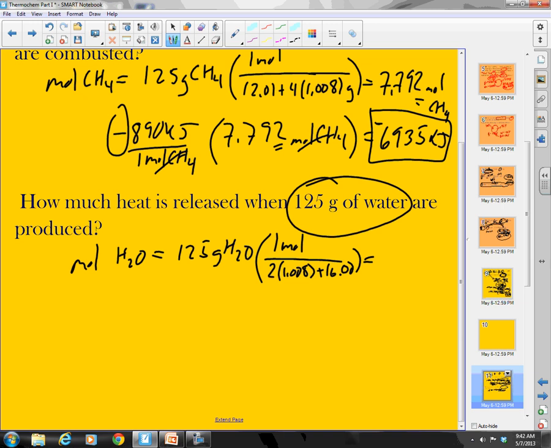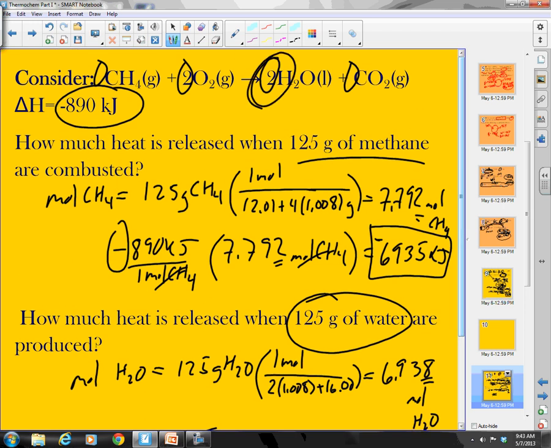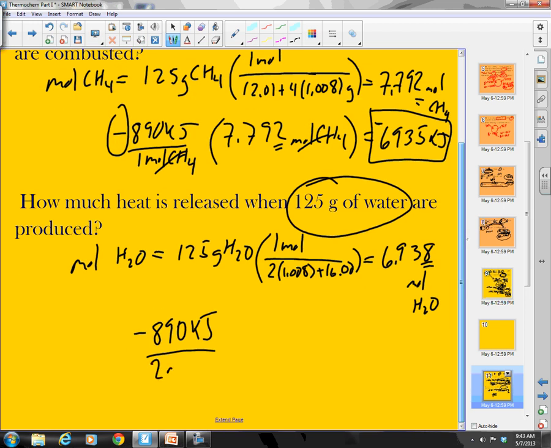And what do I get? 2 times 1.008 plus 16, invert that, times 125, and it looks to me like I get 6.938 moles of H2O. What's my relationship here? It's a negative 890 kilojoules per 2 moles of water formed, per 2 moles of H2O. But how many moles of H2O do we really have? 6.938 moles of H2O. My moles of H2O cancel.